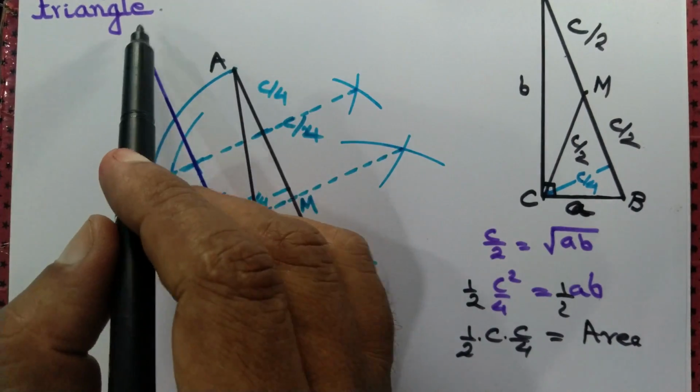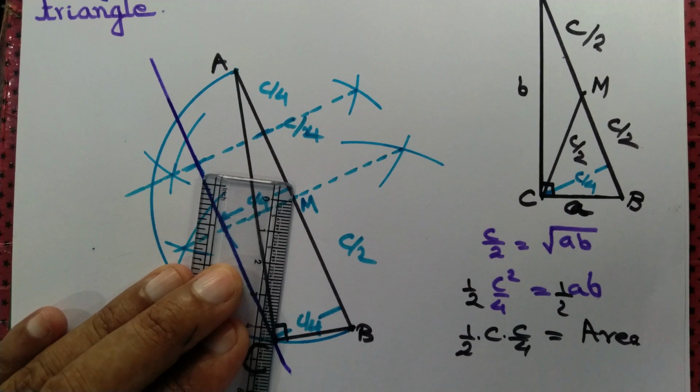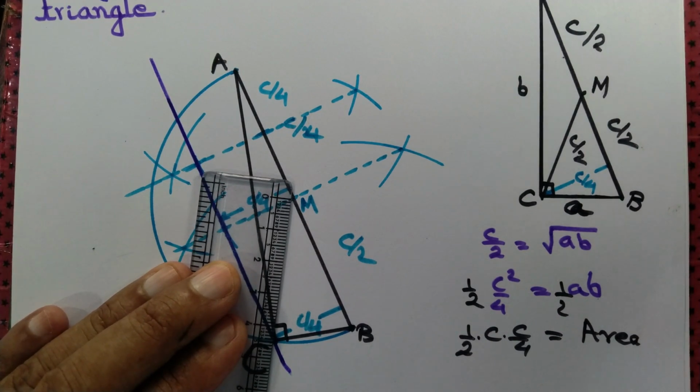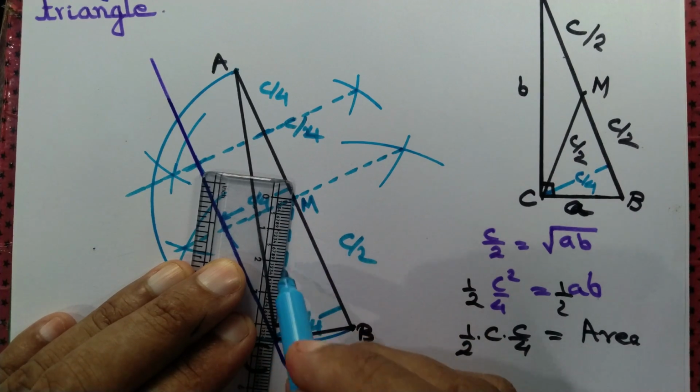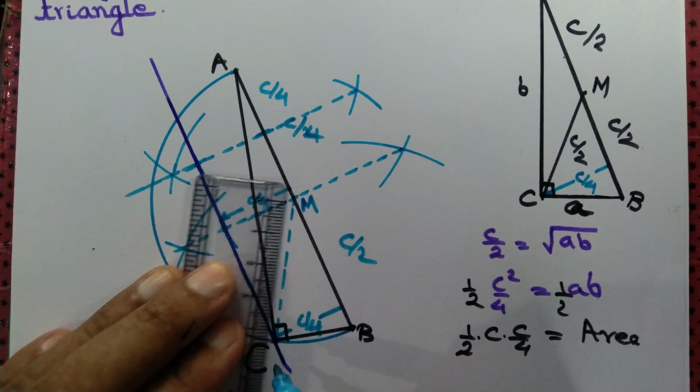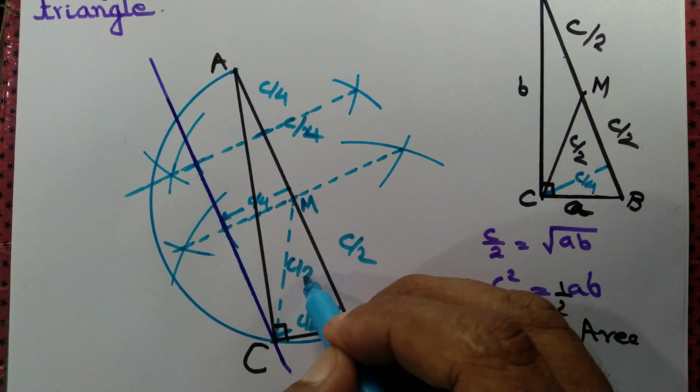The geometric mean of the two legs is equal to the length of the median. The length of the median must be equal to C by 2 unit. Is that so? Yes, because our radius of the semicircle is C by 2.